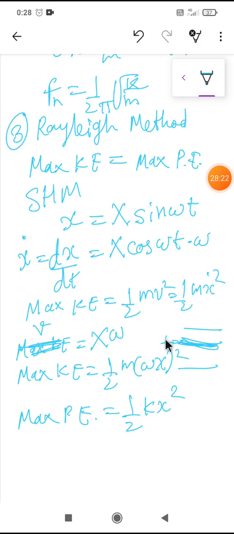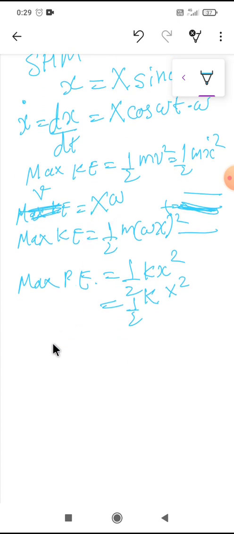So this will be 1 half k, and what is x? x is X sine omega t. When sine is 1, this term is maximum, and it will be 1 half k X square. Both terms, the kinetic energy and the potential energy, must be equal. So maximum kinetic energy must be equal to maximum potential energy according to Rayleigh.